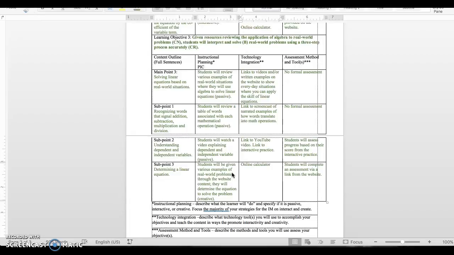So we'll be doing a little bit of passive activity at the beginning where we're just showing the connection of the initial equation to the real world examples.